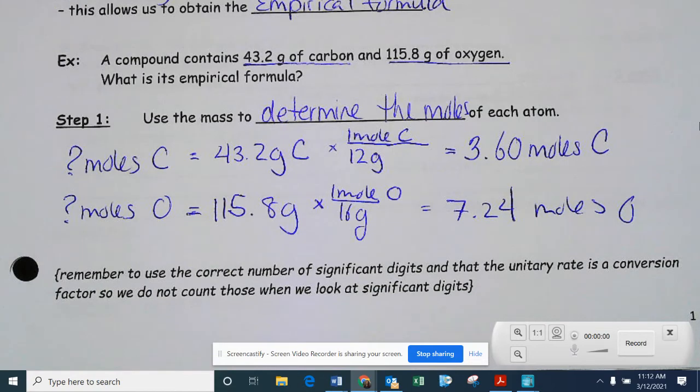All right, so this is our first step. We're just determining how many moles of carbon and how many moles of oxygen I have in that sample. We have to make sure that we're using the right number of sig figs and the unitary rate as a conversion factor.